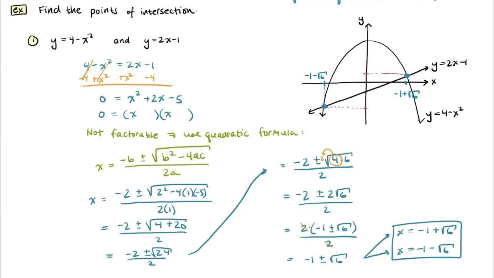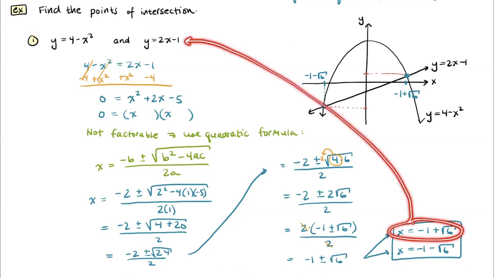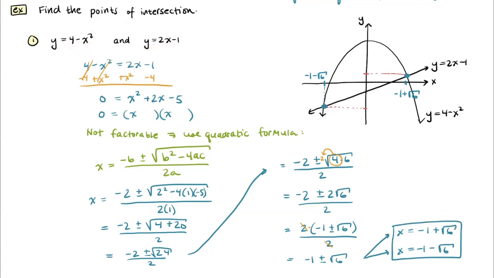All we would need to do is plug in each of these x values into here to find the y, or here to find the y. It doesn't matter which. Why is that? Well, the y values are the same no matter which curve you're on, at least at the points where they intersect. So that's how you could do that.